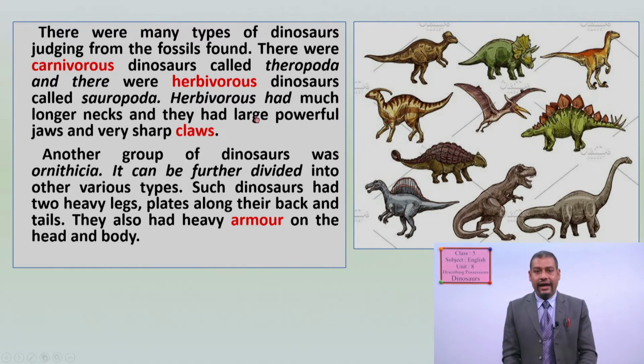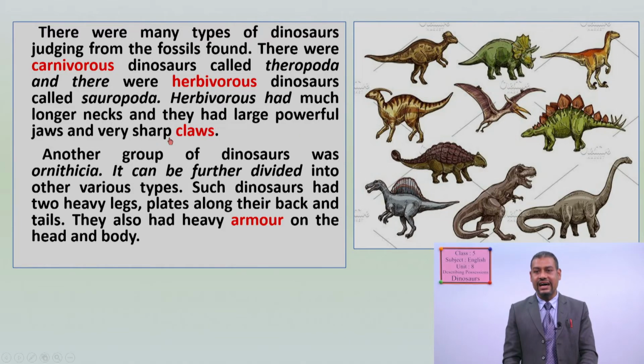Herbivorous dinosaurs, those which ate only plants, had longer necks. You can find this type of long neck, and they had large powerful jaws. These jaws are without teeth, and that is also very powerful.